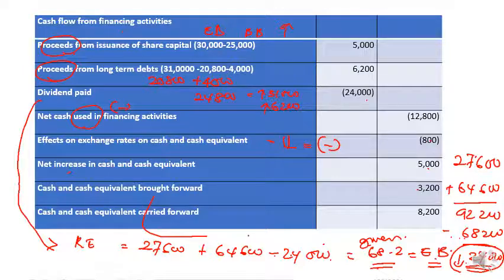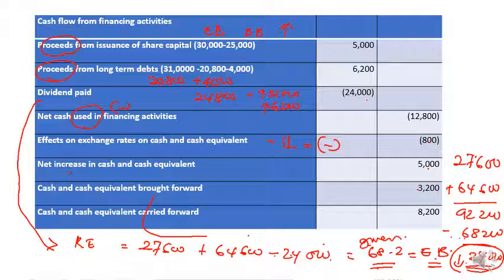If you minus the 24, at the end the balance is equal to the ending balance, 68,200. So to find the dividend paid, you just use the beginning balance plus the profit and then minus the ending balance. So you have 24 here.